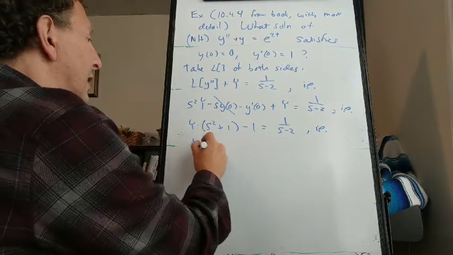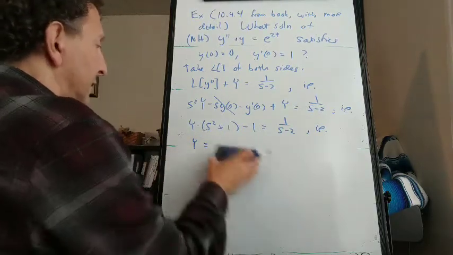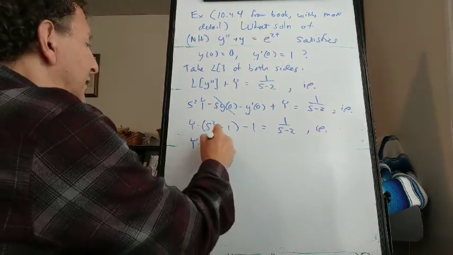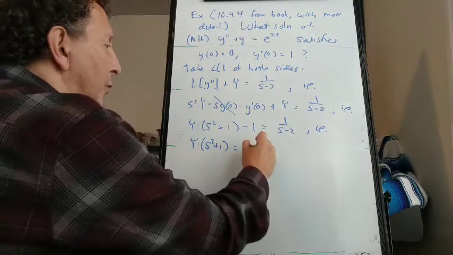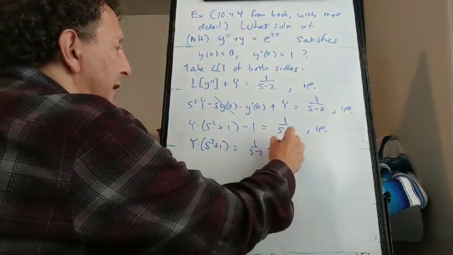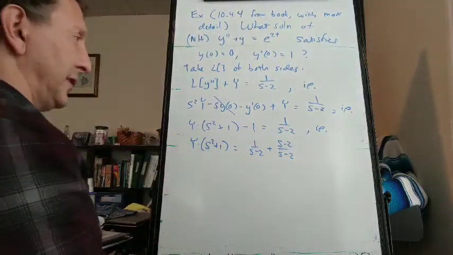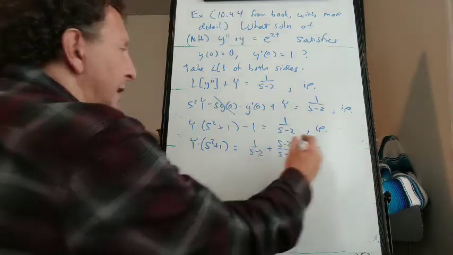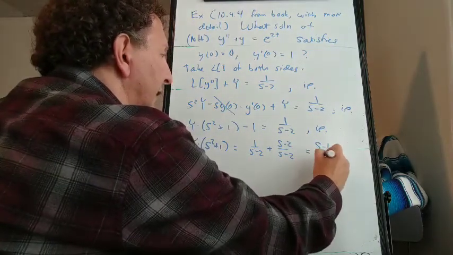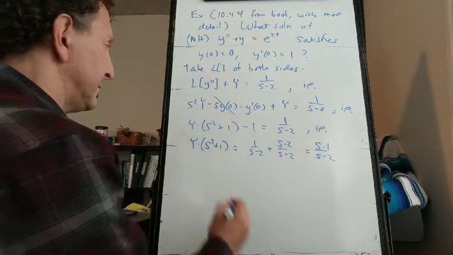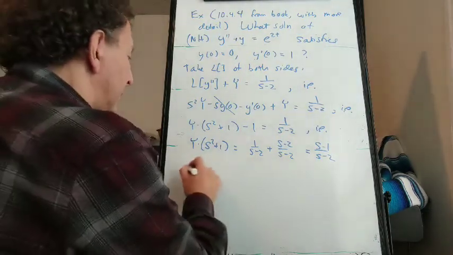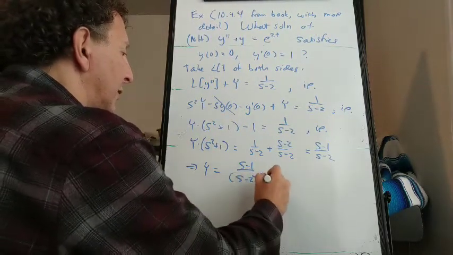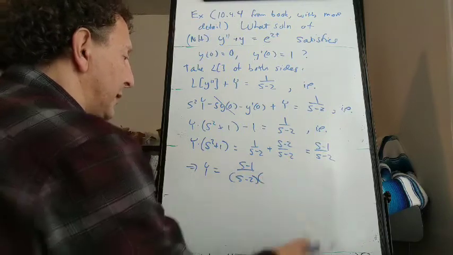So Y times s squared plus 1 equals 1 over s minus 2 plus s minus 2 over s minus 2 when we add the 1. So that's going to be s minus 1 over s minus 2. That means that Y equals s minus 1 over s minus 2 times s squared plus 1 on the bottom.